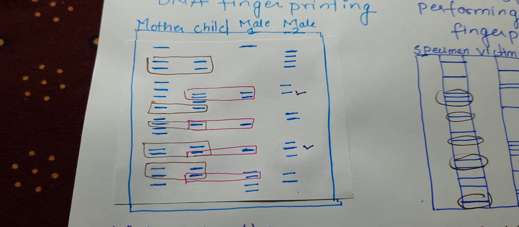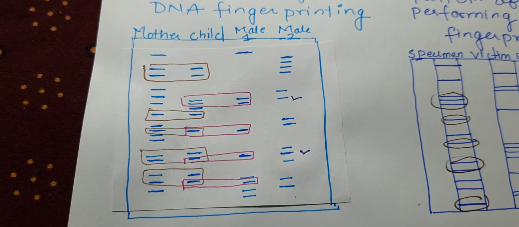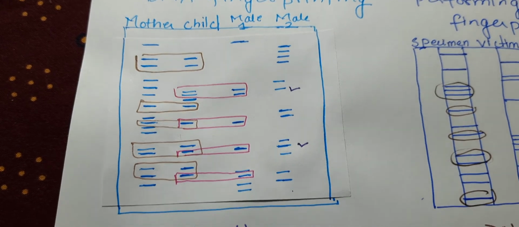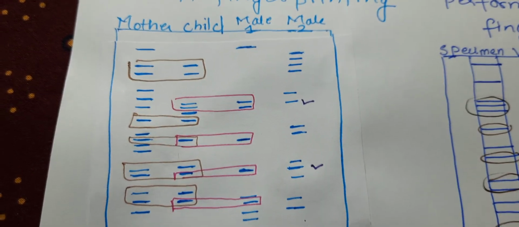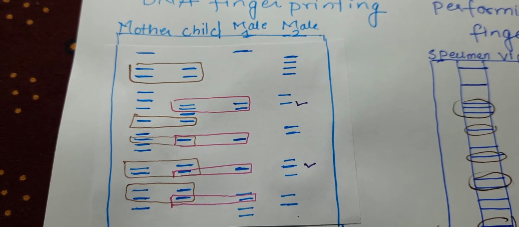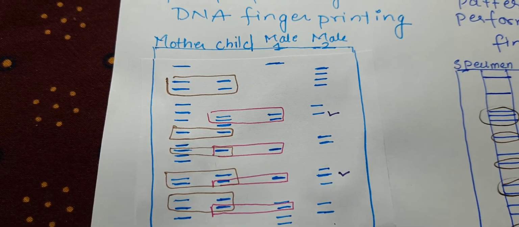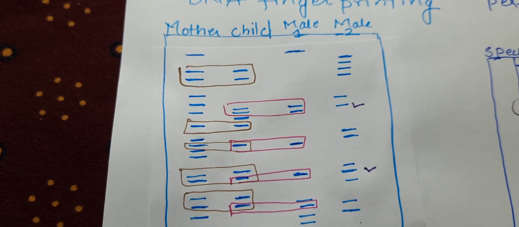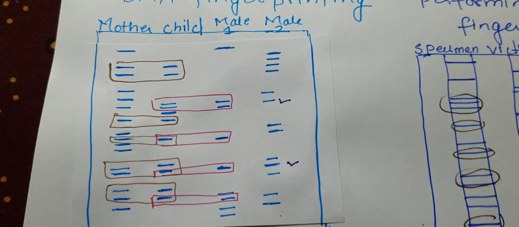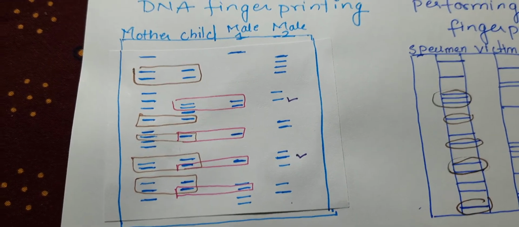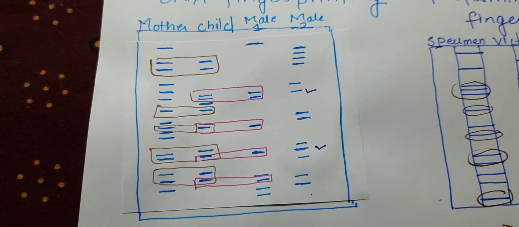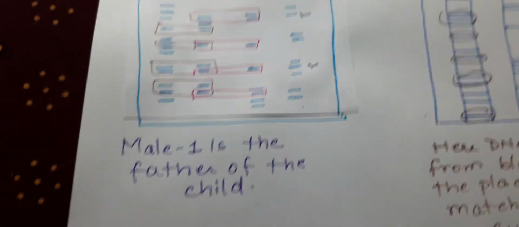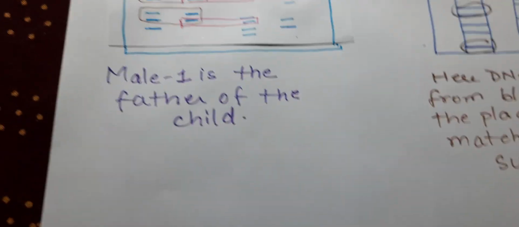We have to compare. You can see that most of the band patterns are similar with male 1. With the mother, many patterns are similar, so the child belongs to the mother, but who is the father? Male 2 shows not much similarity, so male 1 is the father of the child.